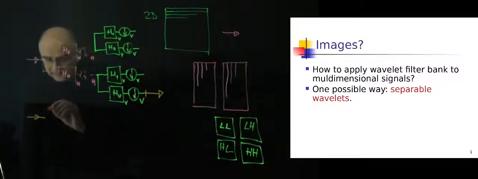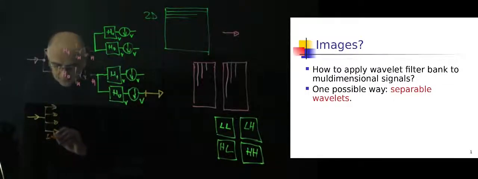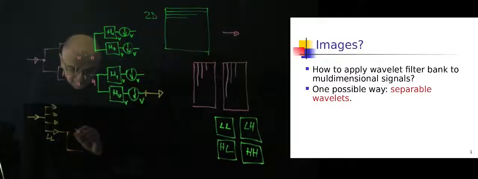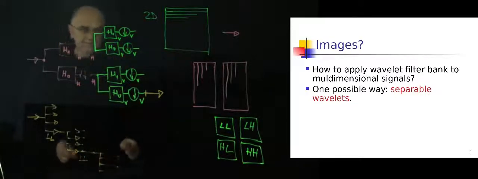So we split a two-dimensional image into 4 sub-images, and only low pass goes on. So we continue our decomposition at the next level. So again, the low pass goes on, and so forth.